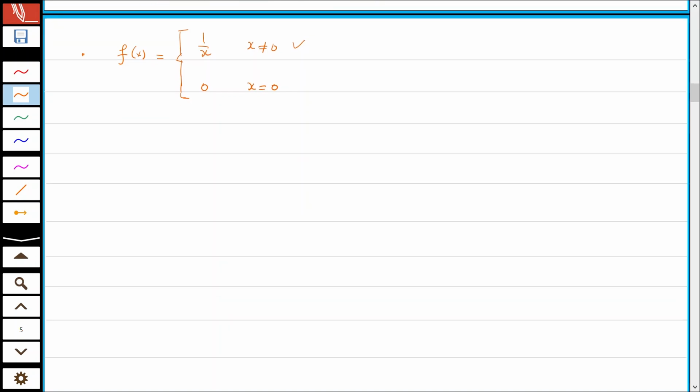If I plot this, for the first branch, when x is not equal to 0, if you remember the graph of 1 over x, this branch over here, and I have this branch over here.